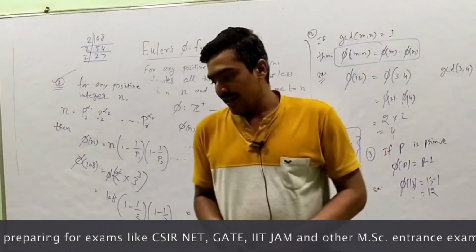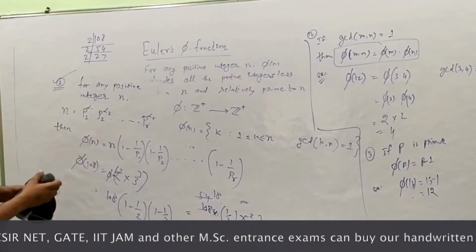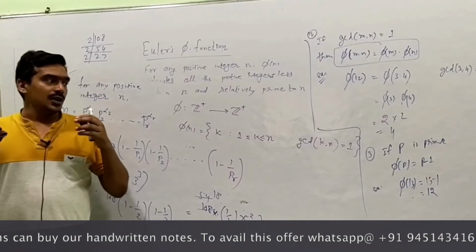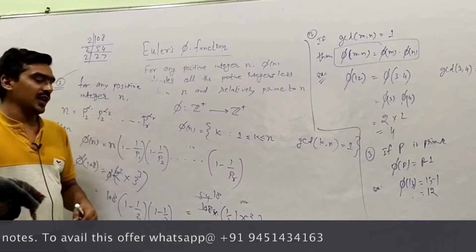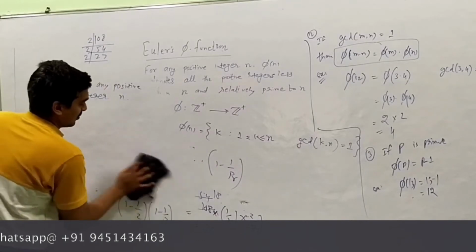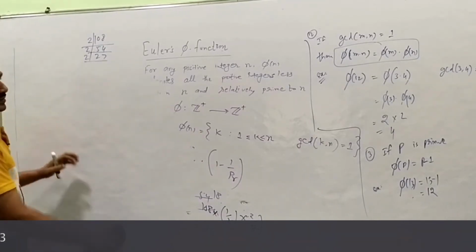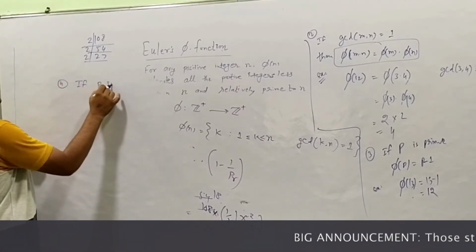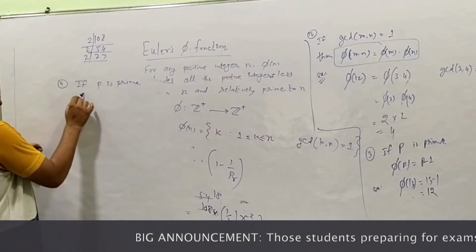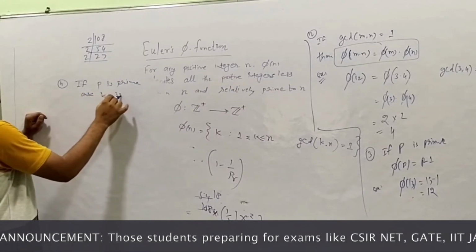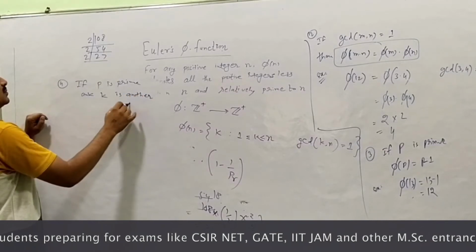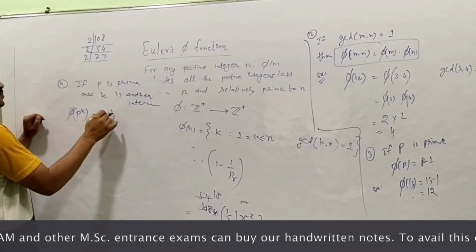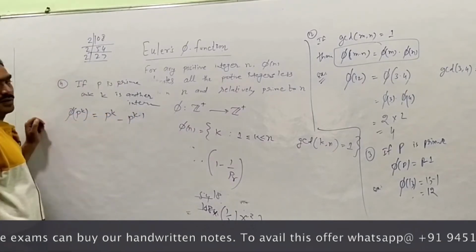Next formula. If you find any doubt here, freely ask in the comment section. Fourth formula: if p is a prime integer and k is another integer, then phi of p raised to the power k is equal to p raised to k minus p raised to k minus 1.